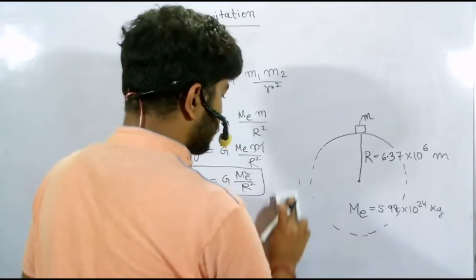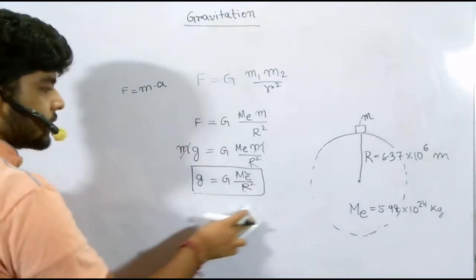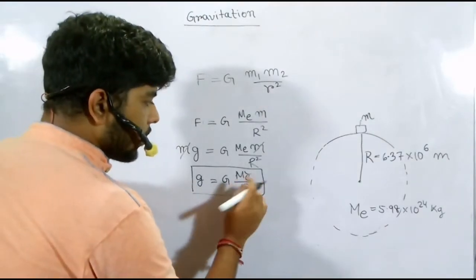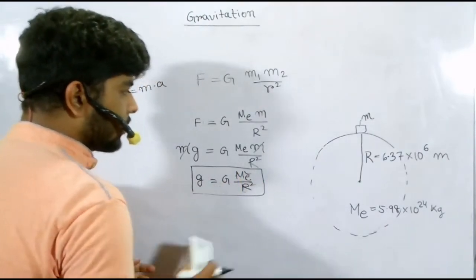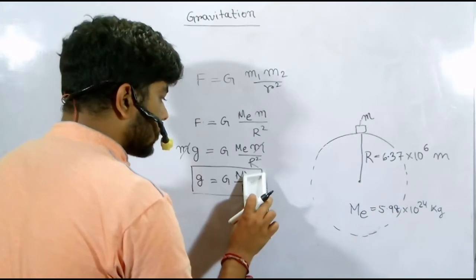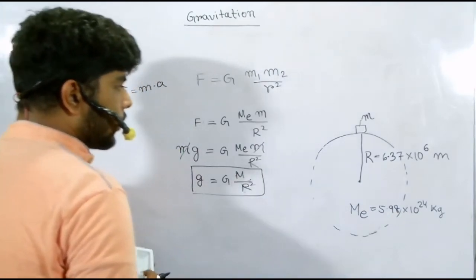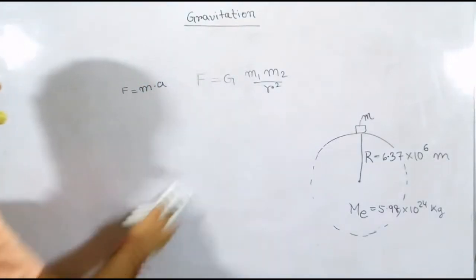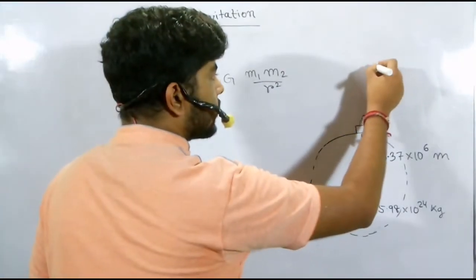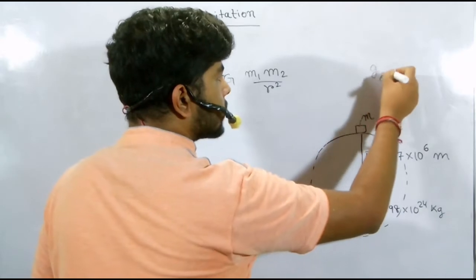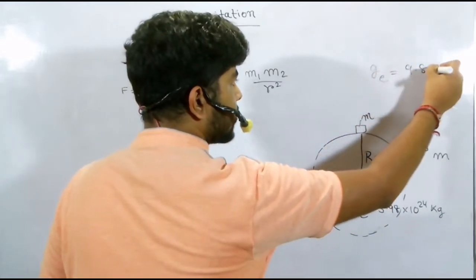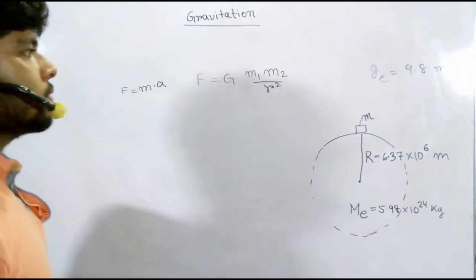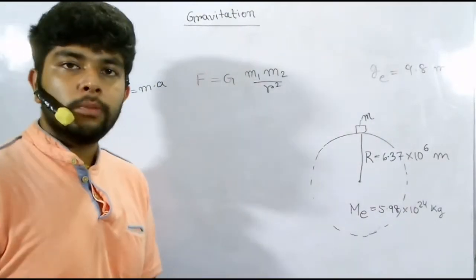So as you know that the gravity depends only on the mass of the original object, right? So what will be the value of gravitation? Now we know that the gravitation for earth is 9.8 meter per second squared. Okay, let us calculate what is the gravitation for moon.